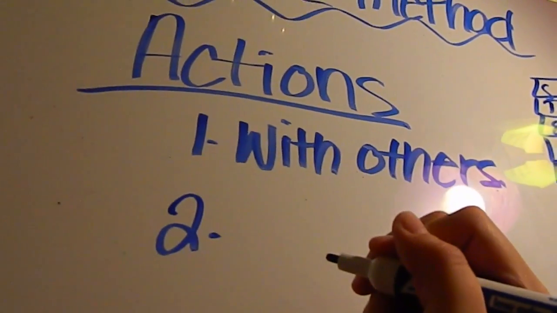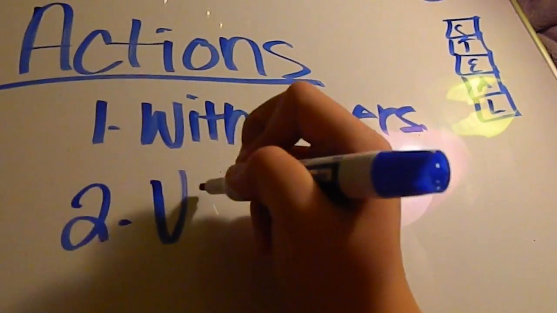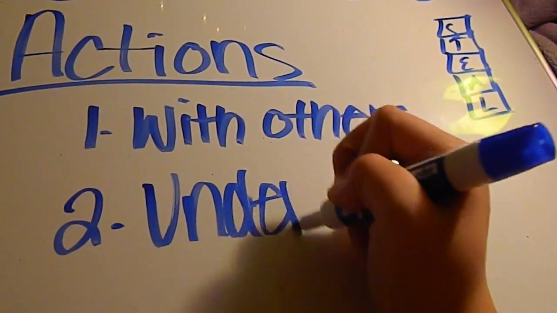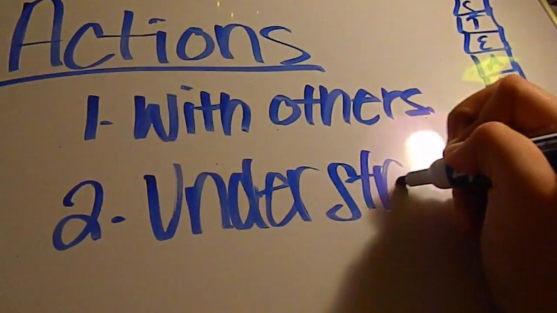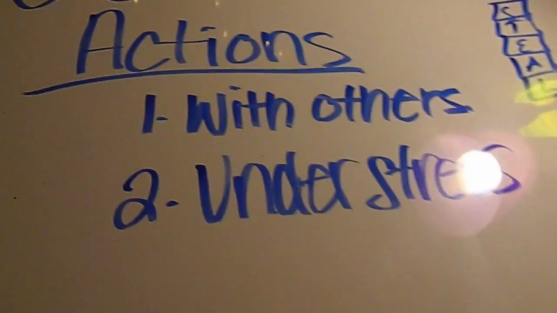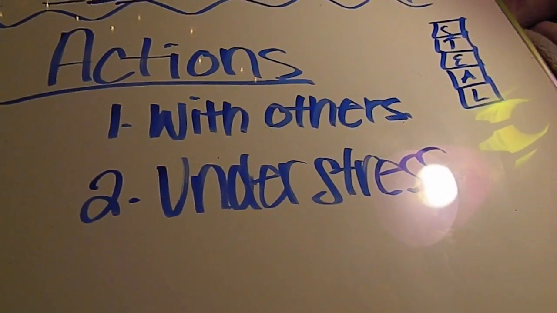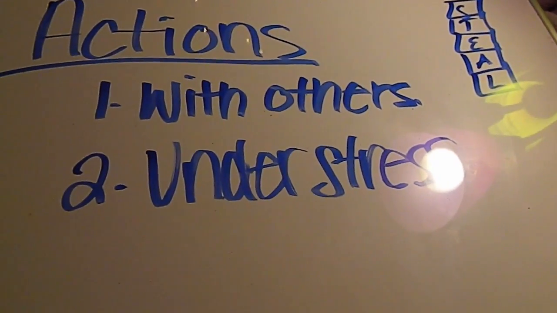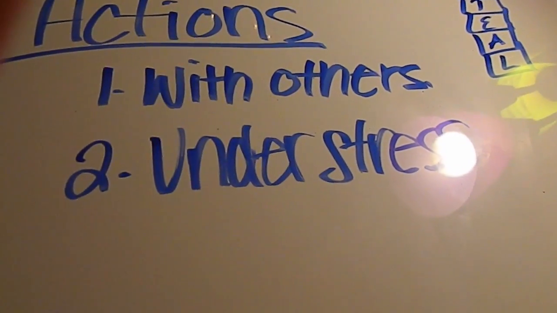Also, under stress. A lot of the times in real life, when people are under stress, they don't act the same way, and that can tell a lot about them.